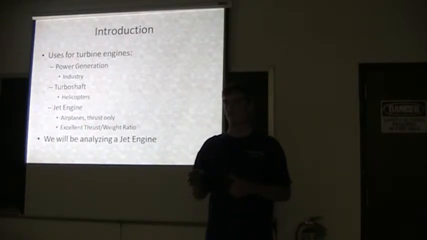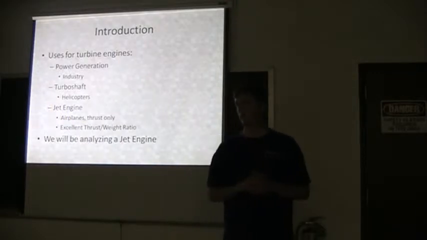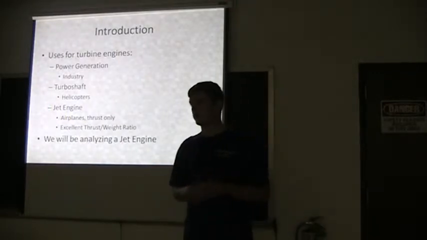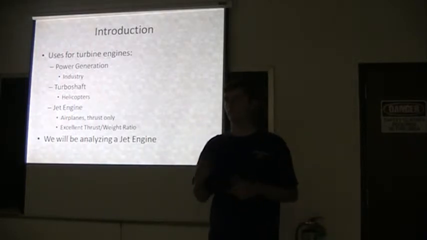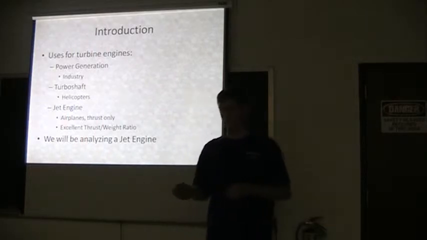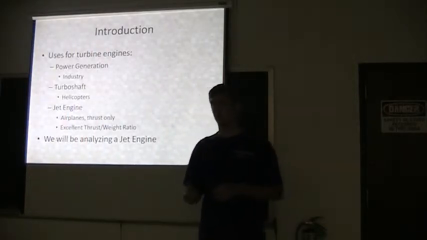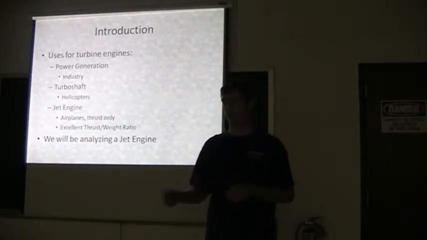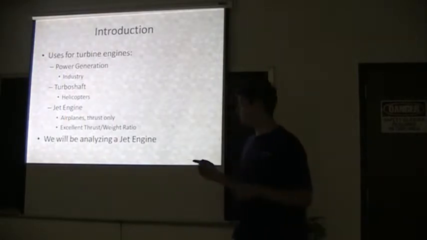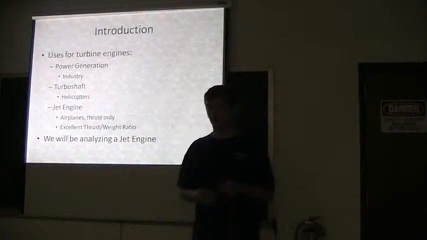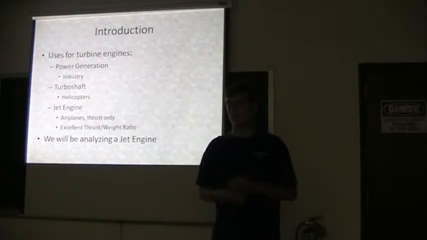Instead of using the exhaust gas to produce thrust, the turbine shaft is connected to a gearbox to be reduced, and then it powers the propellers. The one we have is a jet engine, used to produce thrust from the escaping exhaust gases. They're used because they have excellent thrust to weight ratios, and they're highly used in airplanes.